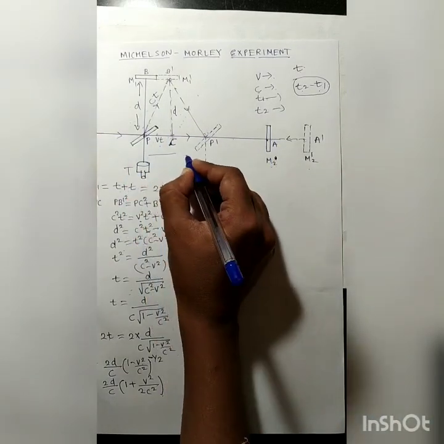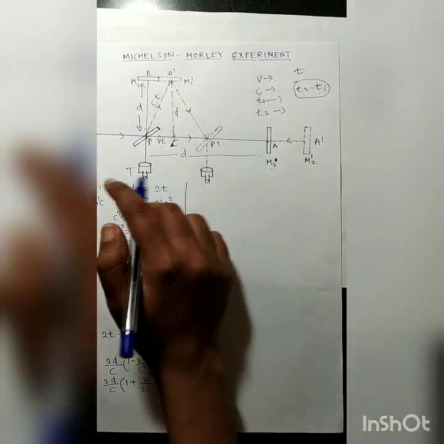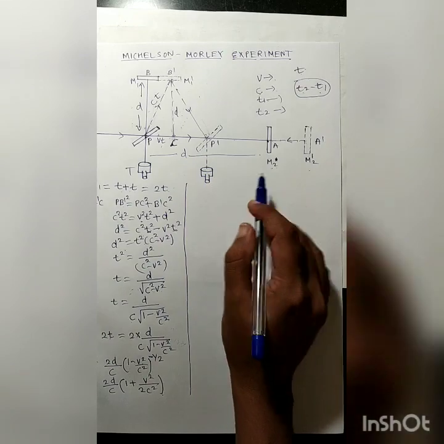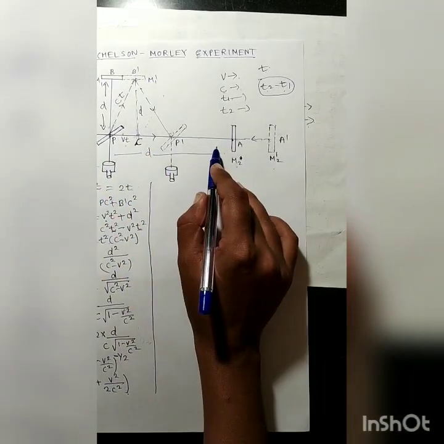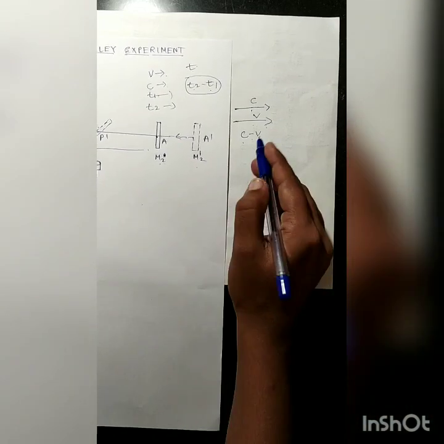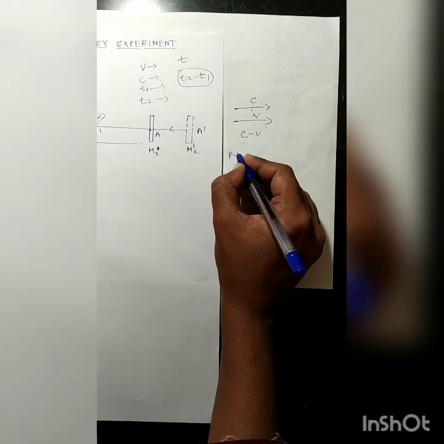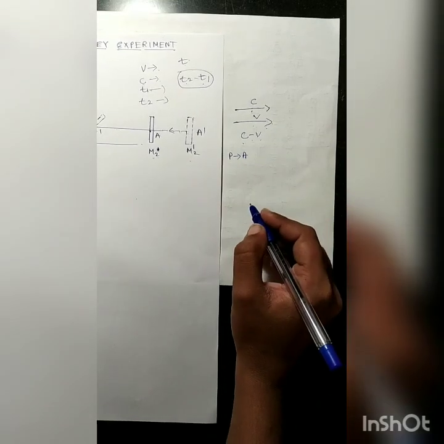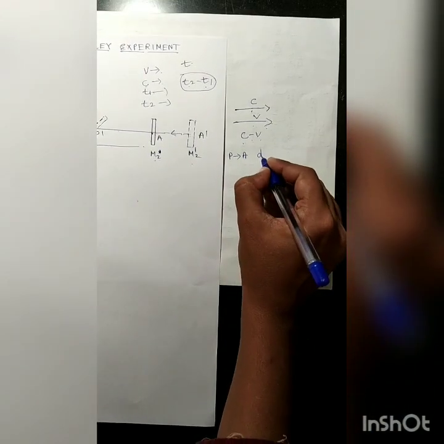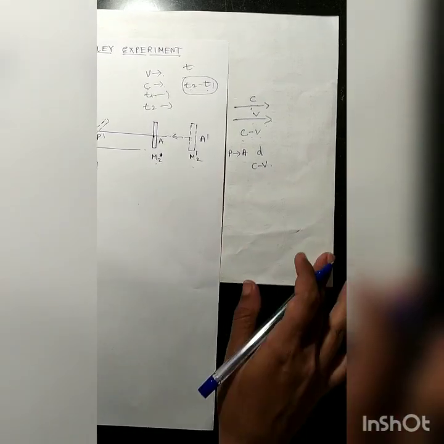Now when the light ray comes from P and is incident on A, the distance covered is again D, because both are at the same distance, and the velocity is c - v. So in the first case, when the transmitted ray moved from P to A, the distance covered is D and the velocity is c - v.